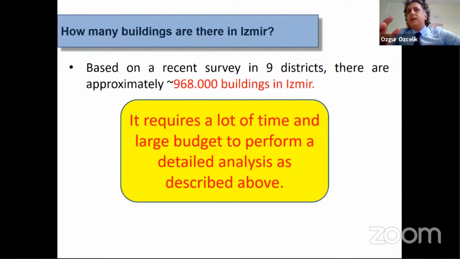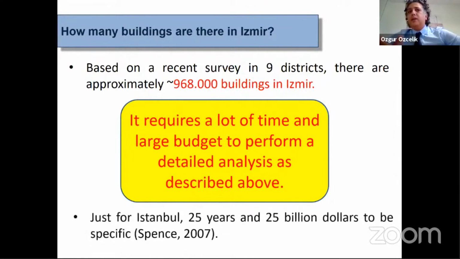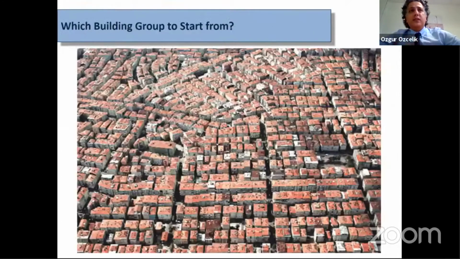So we can say that such an assessment requires a lot of time and a large budget to perform a detailed analysis as described above. Just to give you an example, for Istanbul alone, this kind of analysis requires 25 years and $25 billion, to be specific. This work was done by Spence in 2017.